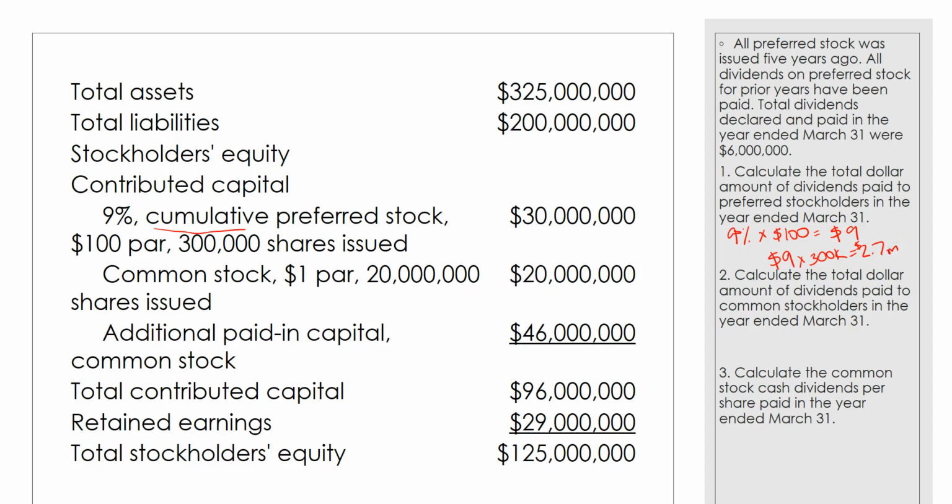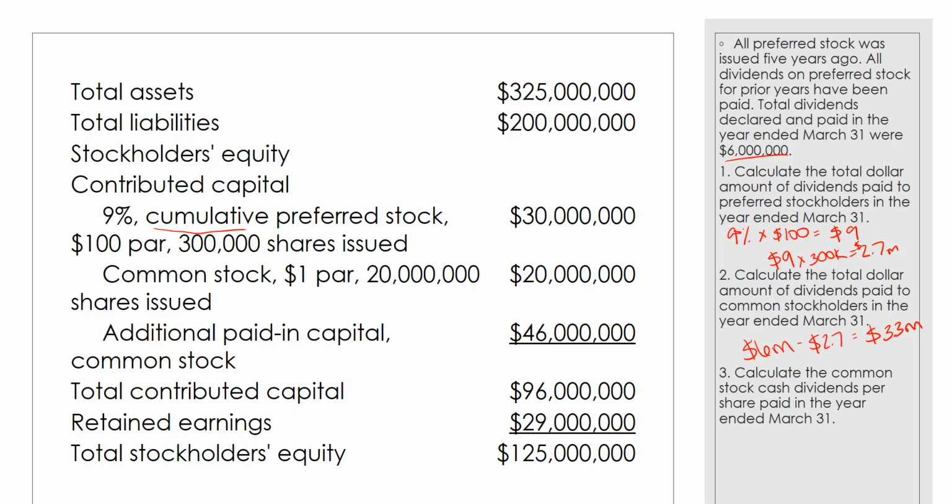Now the second part of the question asks how much, what is the dollar amount of dividends paid to the common shareholders. We see that dividends declared are $6 million. We have to pay our preferred shareholders first, so we pay them $2.7 million. And so that leaves us with the remainder of $3.3 million. So how much does that mean that each common shareholder will receive?